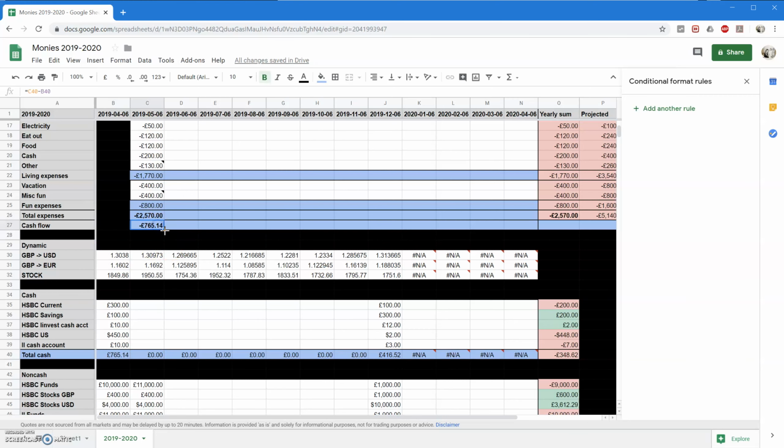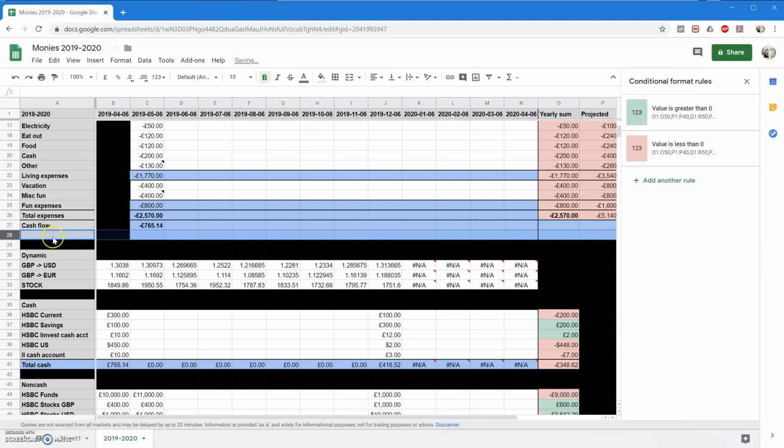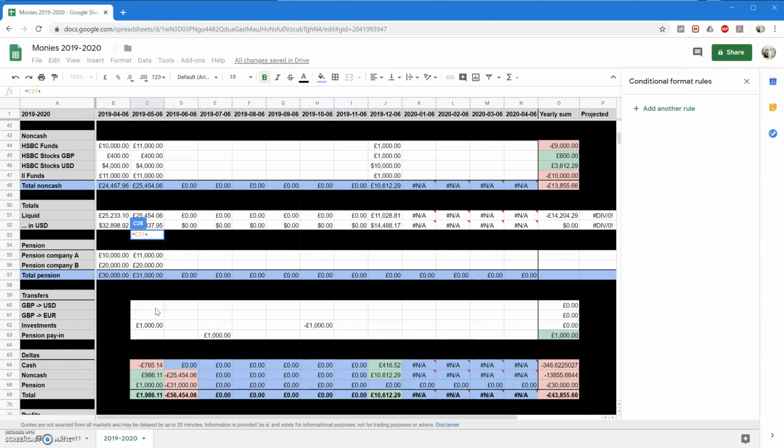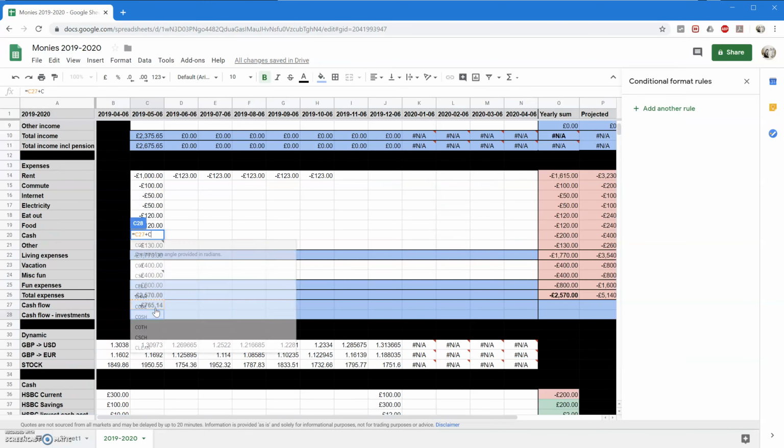So I have this much less cash, and cash flow minus investments. 27 plus, oh, it's not on the screen, 62. There. So that's nice.